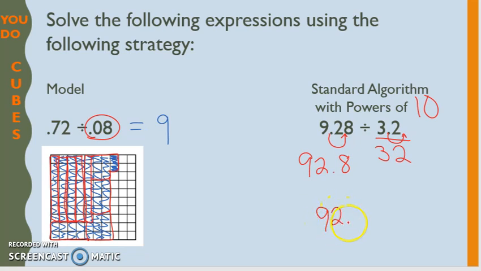So now we'll have 92.8 divided by 32. I'm just going to go ahead and do the math quickly. So 32 goes into 92 2 times, and 32 times 2 is 64.